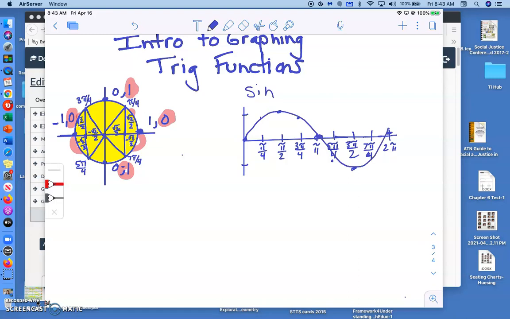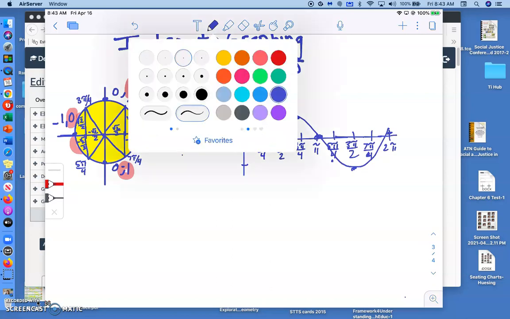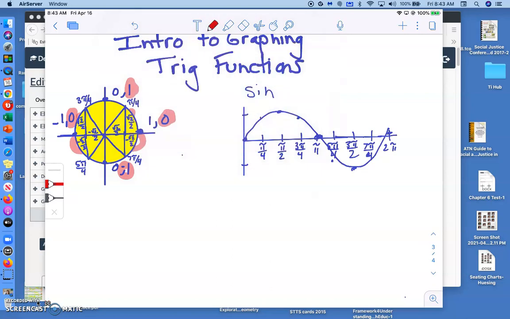And then we did the same thing for our cosine curve. So I'm going to do the cosine curve in red here. So cosine was our x value, so it started at 1. And then it was that same height, but at pi over 2, 90 degrees, it's 0. So again, now I'm graphing the x values going around the circle.